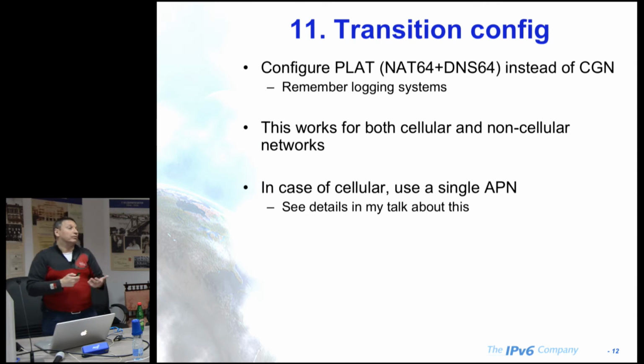Transition configuration. Once you have your core and your access configured, and you have done some testing, you also need to configure the transition mechanism that you are going to use. So typically, if you go for something like 464xlat, you will need to configure your systems for supporting NAT and DNS64.